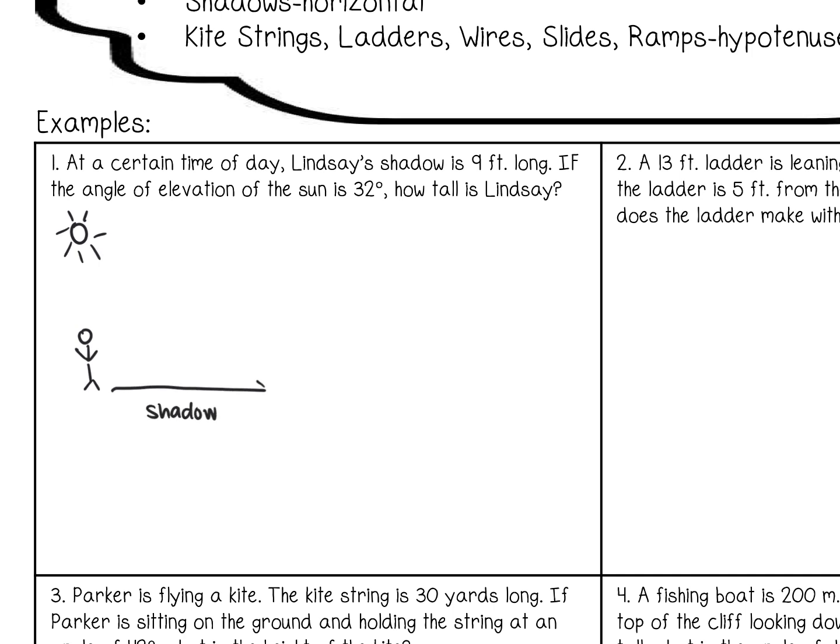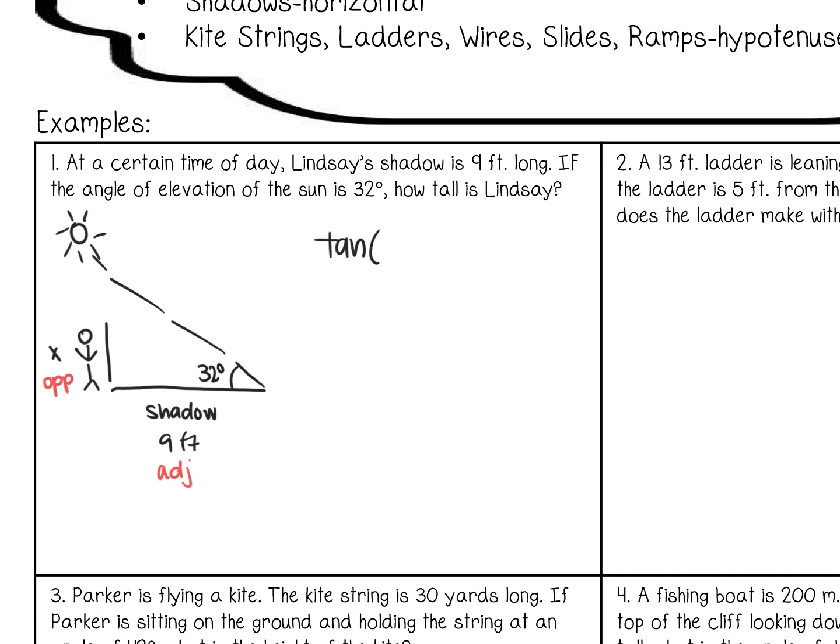We know the angle of elevation to the sun, 32 degrees, and we want to know how tall Lindsay is. The shadow is 9 feet. Based on this right triangle, we are solving for the opposite side, and we have our adjacent side. So that means we're going to be doing tangent.